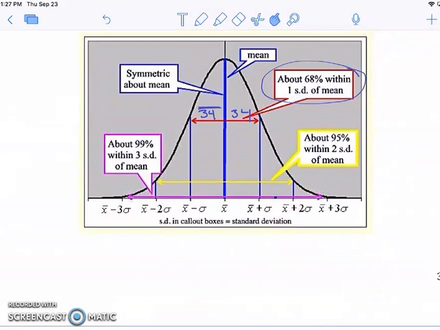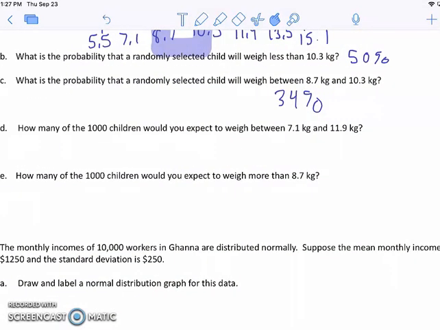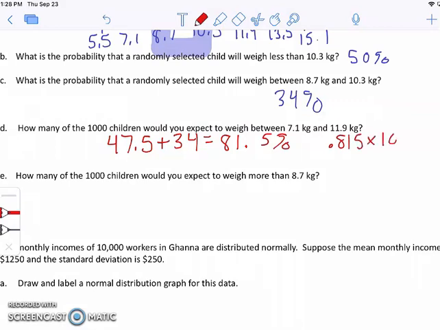Within 2 is 95%, and 95 divided by 2 is 47.5. So 47.5% plus that 34% is 81.5%. So we do 0.815 times 1,000, and we have 815 children.